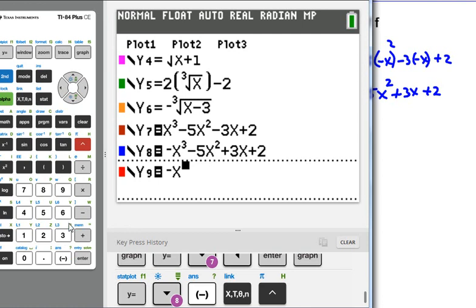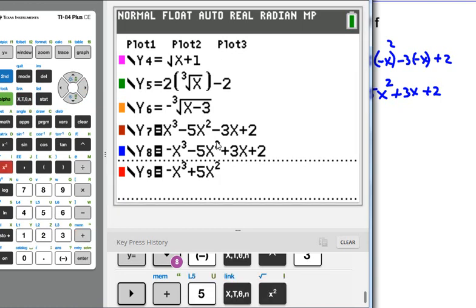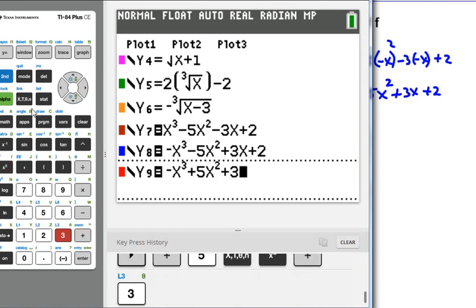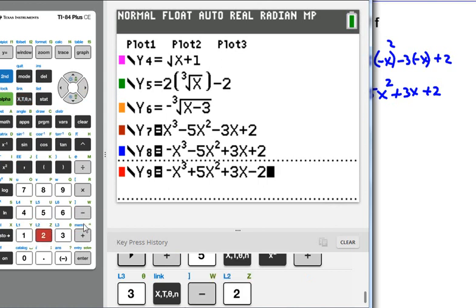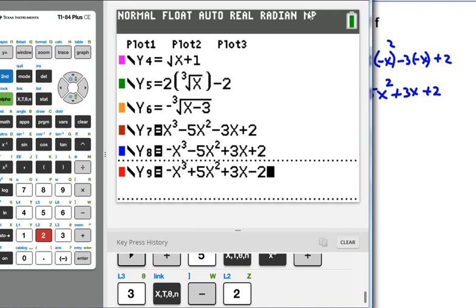So we have x to the third power, plus 5x squared, plus 3x, and finally minus 2. So all these signs are reversed between y7 and y9. We should see the one turned upside down about the x-axis. Let's graph.